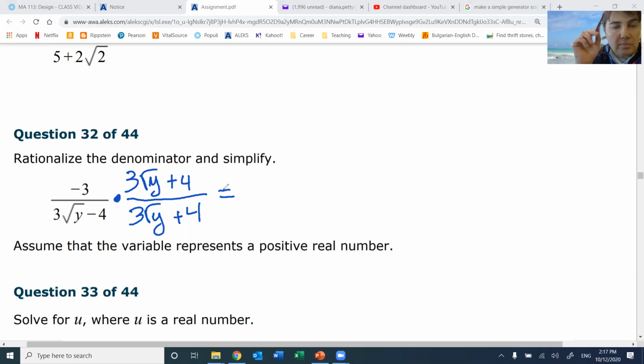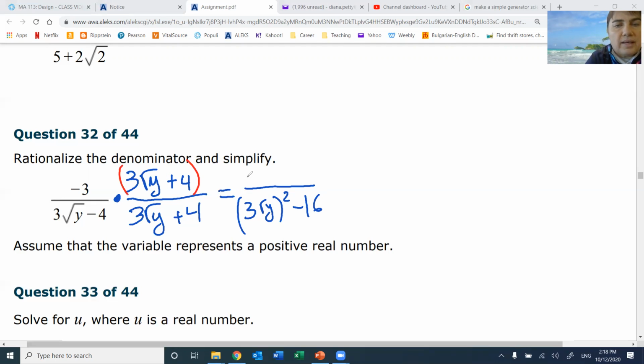So multiply. The denominator, you know what's going to happen, but I'll write it. You square it. So it's going to be 3 square root of y squared minus 16, the square thing. On top, we just distribute the negative 3 to this thing.